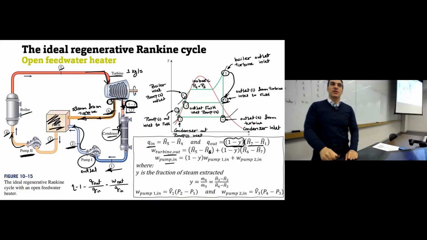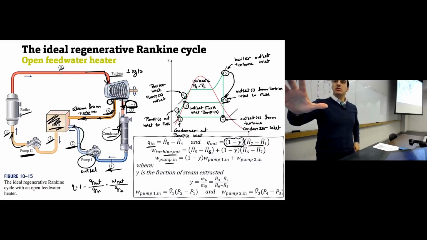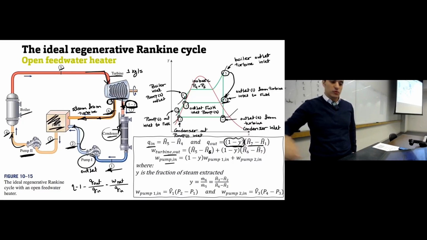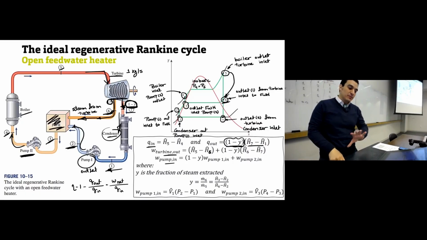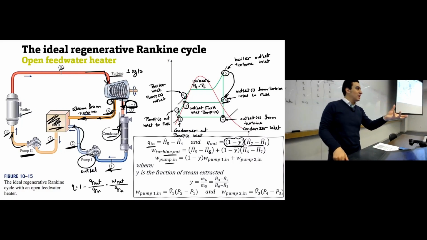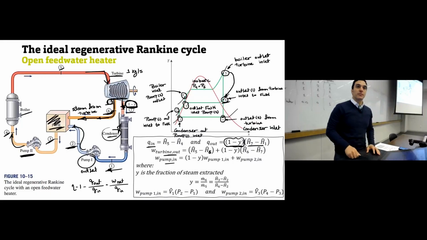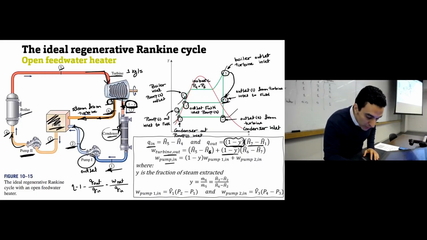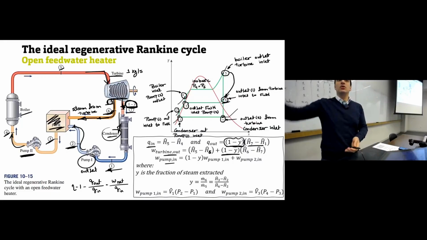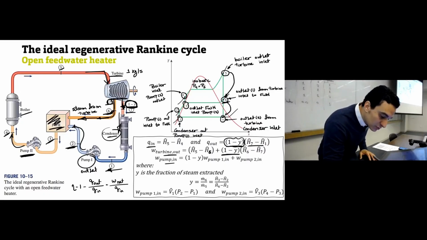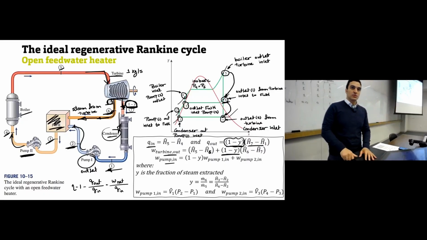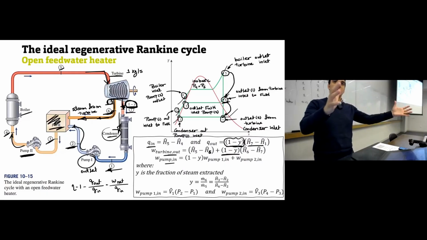So all the fluid that goes inside the turbine has its enthalpy reduced from point 5 to point 6. Then part of the fluid inside the turbine will go to the feed water heater, and its amount is y. And what is remaining is 1 minus y. This only will continue the expansion from 6 to 7. So this is why we have H5 minus H6.